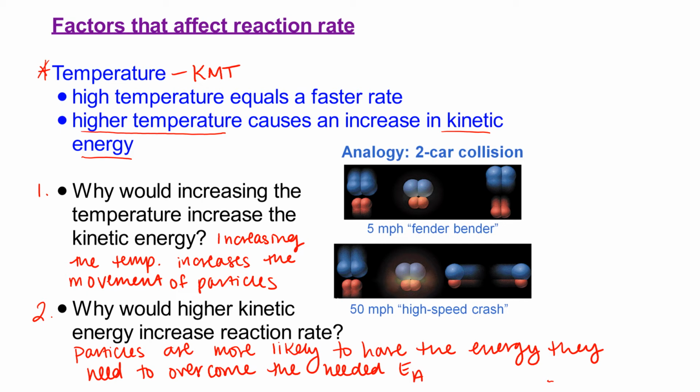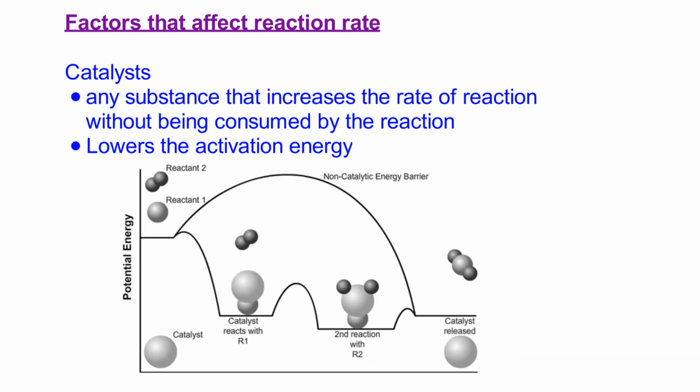All right, so let's go ahead and move on and look at our fourth factor that affects reaction rate. The last factor that affects reaction rate, and one that you should be familiar with from biology, is this idea of a catalyst. So a catalyst is simply anything that increases the rate of a reaction without being consumed by the reaction. So if it's not being consumed by the reaction, a characteristic of catalysts is that they can be reused.